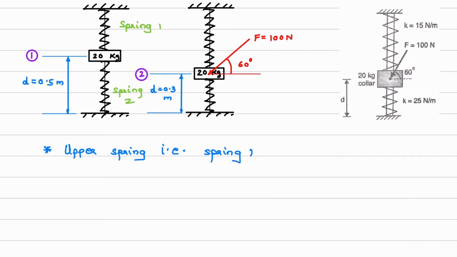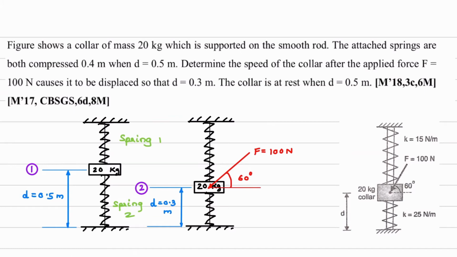What is given here? The springs are both compressed 0.4 meter when D is equal to 0.5 meter, meaning both the springs are under compression. Okay, so at this location both the springs are compressed by 0.4 meter, here also 0.4 meter. Now when block moves down, spring 1 is elongating, whereas spring 2 is further getting compressed.